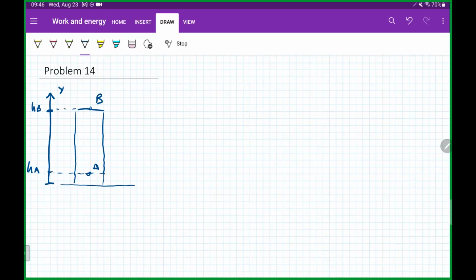And it says that the weight is 45 newtons. It says that B is at 300 meters and A is 15 meters.